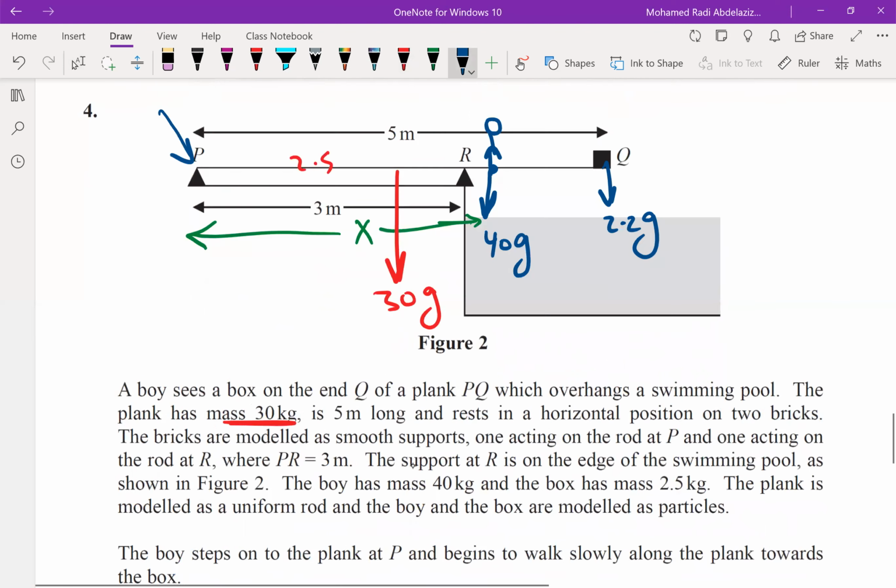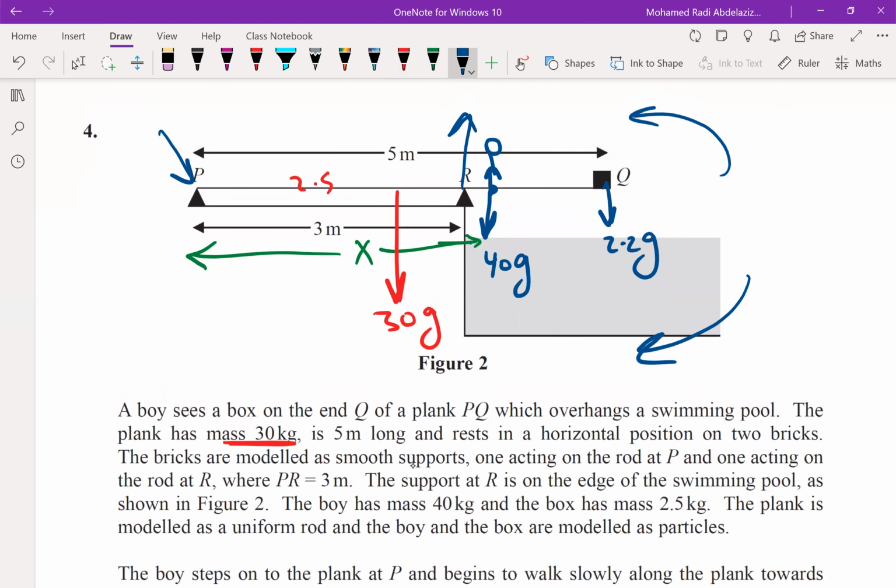We have 3 on the right side and only 1 on the left side, clockwise or anti-clockwise, where is the normal reaction at R. So we can find the normal reaction first, then find the moment at P, or you can directly find the moment at R.